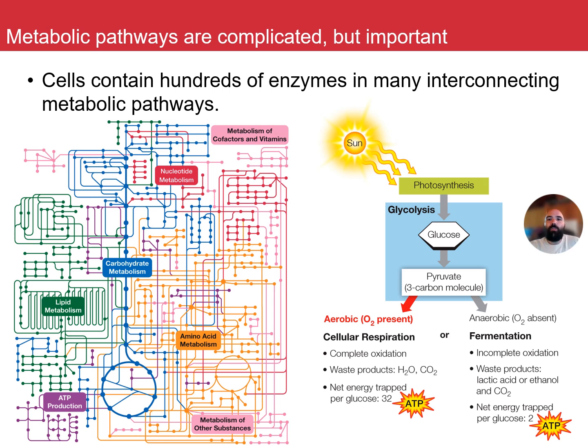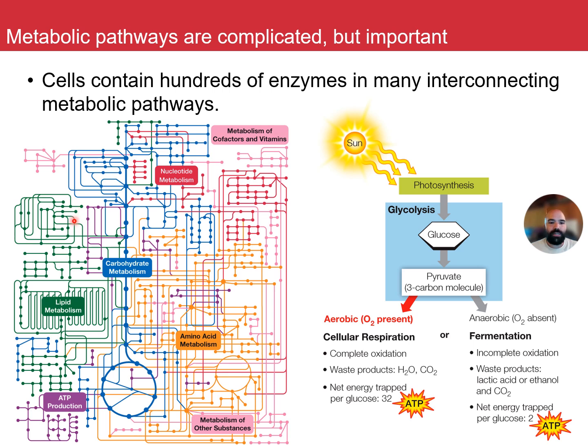The metabolic pathways we've looked at here are very simple, but in reality, metabolic pathways are much more complex, and they are often interacting with each other. This scary looking figure here is breaking down all of the different metabolic pathways in a cell, and each color is related to a specific physiological process in the cell.